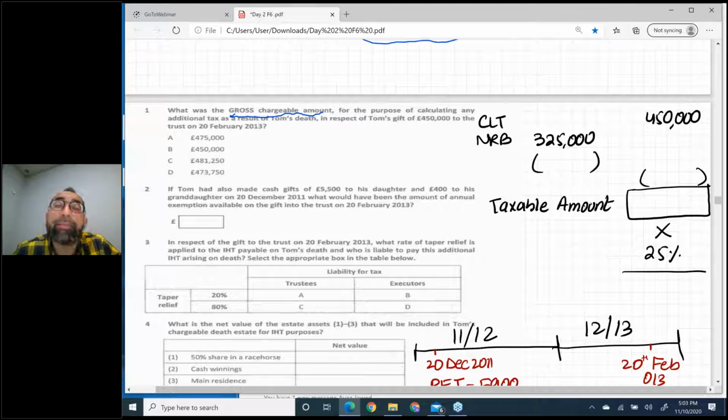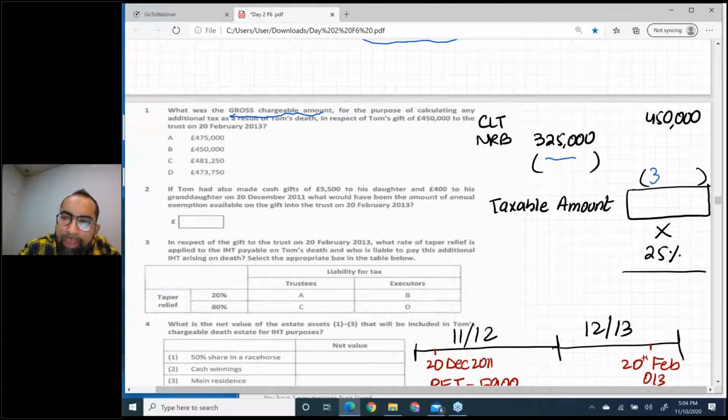But yes, you have to calculate lifetime IHT on the CLT. Let's do it. The CLT is 450,000. And what was the NRB which we just read? 325,000 NRB is available for 12-13. Now the 7-year accumulation principle: you stay at 1st February 13 and look back 7 years. There is no gift in the last 7 years, so this NRB is free and unused.